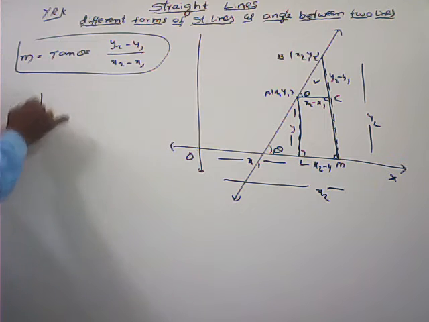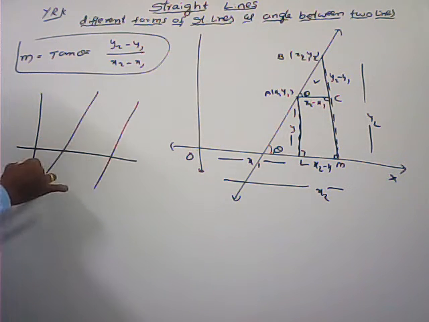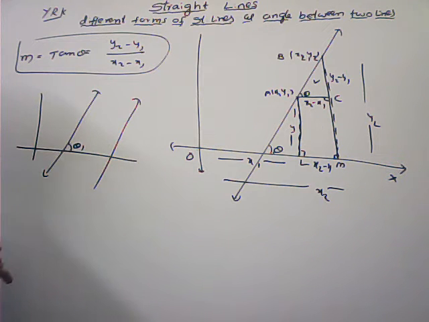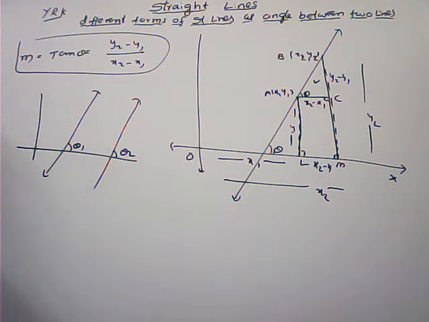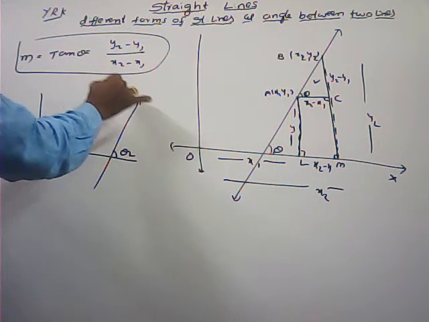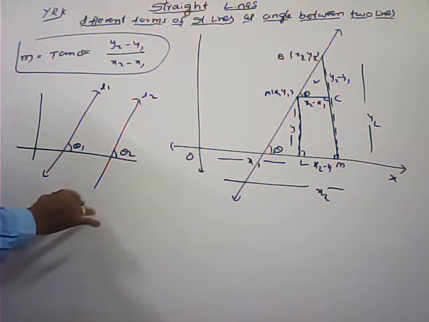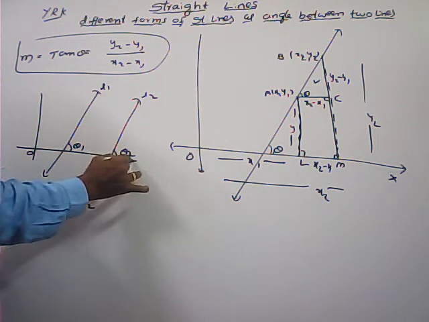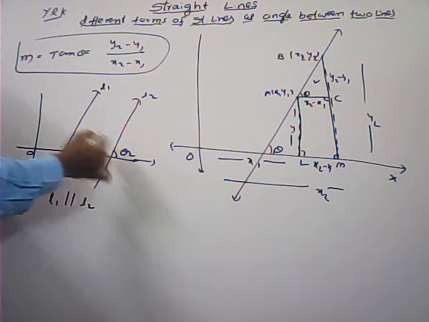And here one more thing, in the note we can write. These two lines are parallel. This one makes an angle theta 1 with the positive direction of x-axis, and this one makes an angle theta 2 with the positive direction of x-axis. Here this is L1, this is L2, and it is given that L1 is parallel to L2. If these two are parallel, with x-axis as the transversal, corresponding angles are equal.